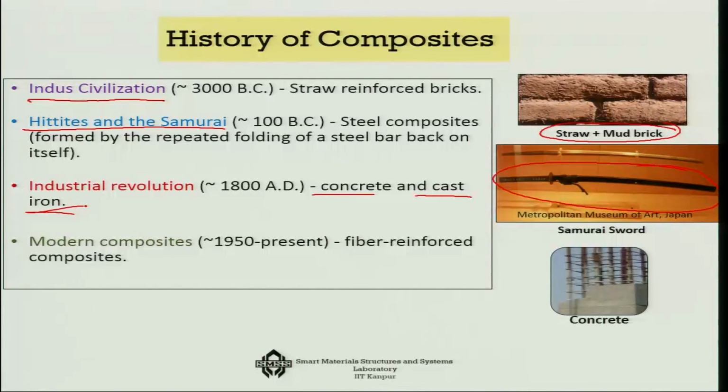On the other hand, the modern composites, which are fiber reinforced composites, are truly speaking the composites which have all the very good properties of a composite. For example, tailorability is one property that you may not find in the concrete or cast iron, but you get a very high degree of tailorability in these modern fiber reinforced composites.